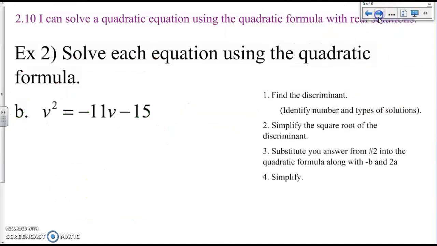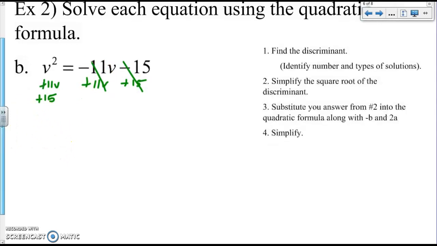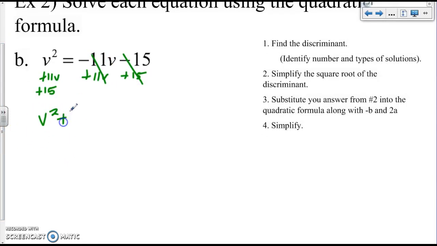Let's do another one. Before I can do anything, I have to make sure it's equal to 0. Notice that I don't have an equal 0 here, so I'm going to move this stuff over. And you could just do minus b squared if you want to. And I'm going to move both of those to the left side. So I end up with b squared plus 11b plus 15 equals 0. So I have a, b, and c here.